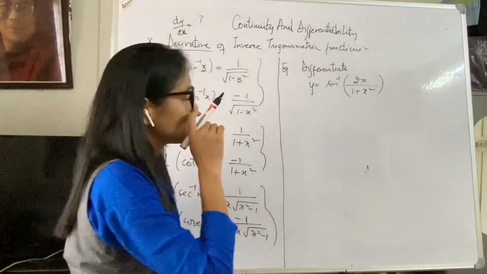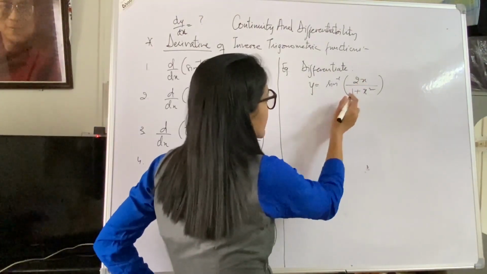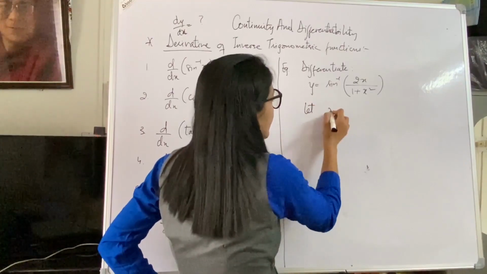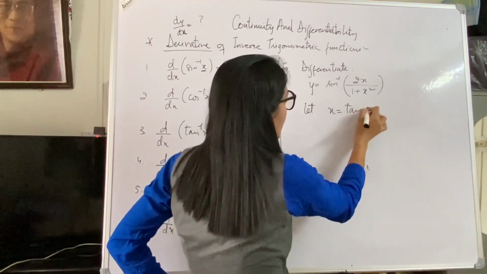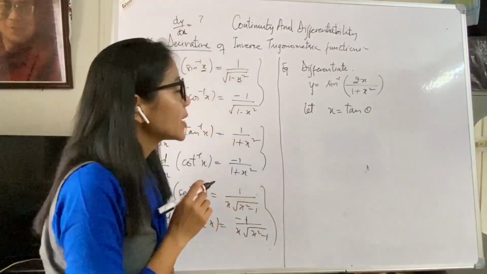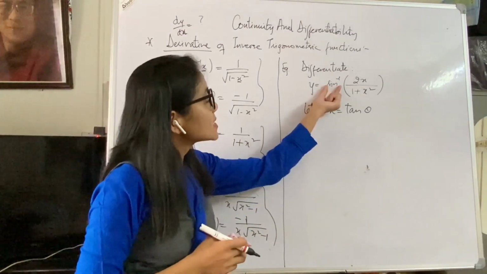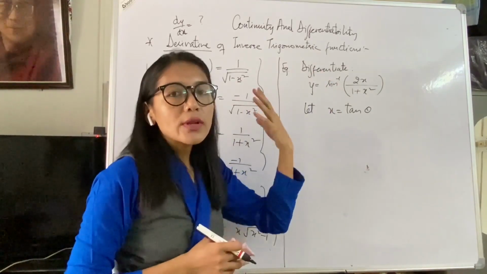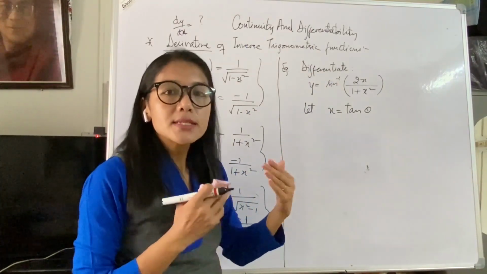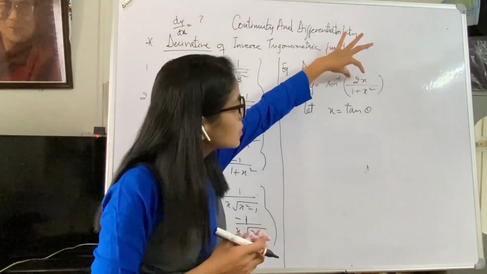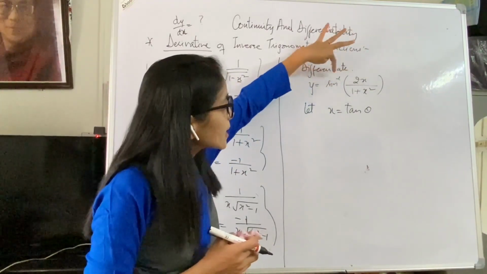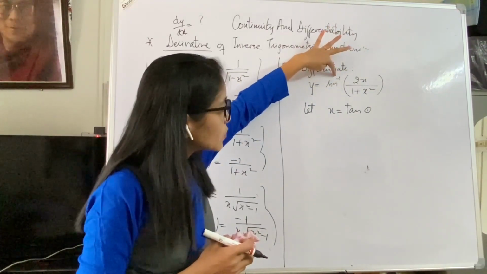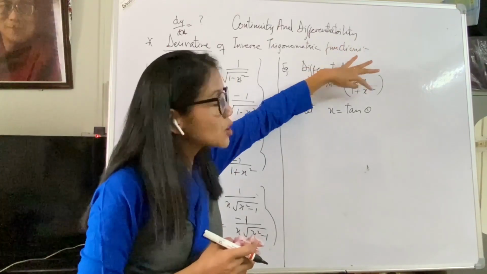Now here, let x is equal to tan theta. Since it is sine inverse, I will apply substitutions so that I can express this in terms of sine.